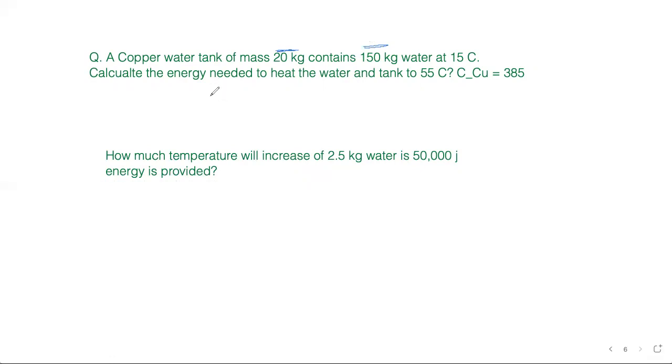So simply, you can say 4200 times 150 times the temperature change, from 15 to 55, which here is 40. So every number is pretty high. And this is 66,000, isn't it?